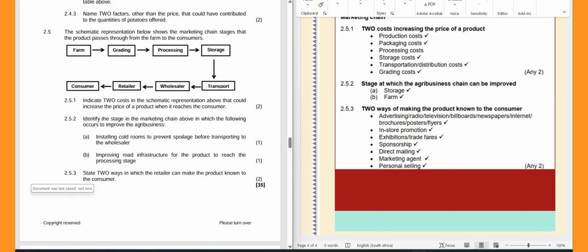So we have paid advertising, we have in-store promotion, or word of mouth, right? We have direct mailing, we have marketing agent, we have exhibitions, we have sponsorship. So you can choose from these options, any of these two.